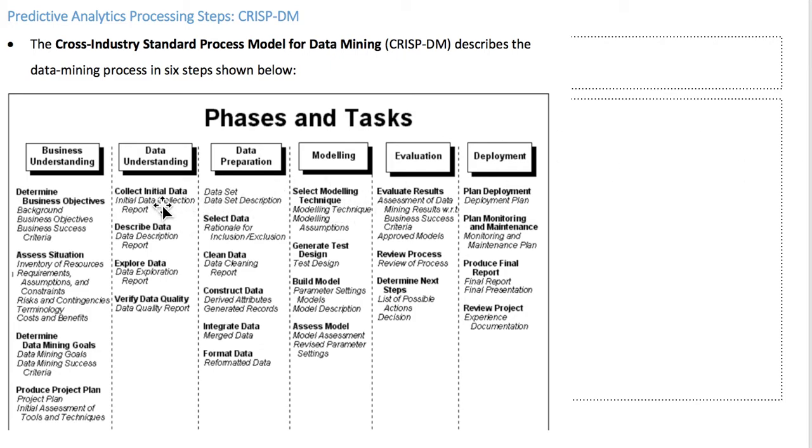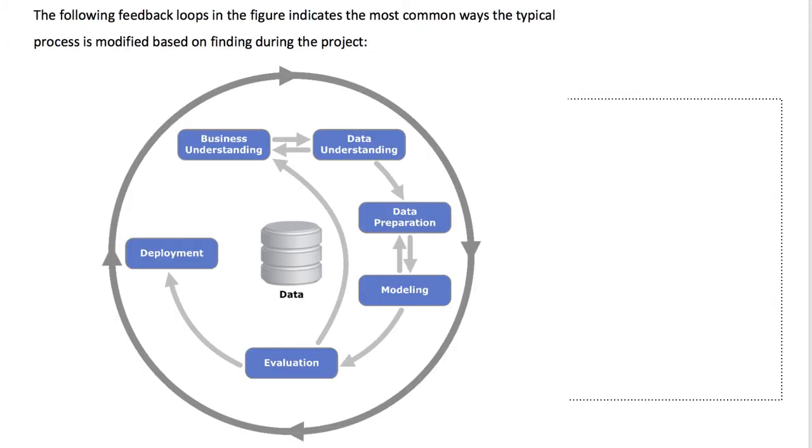For data understanding, at the core of this stage is using summary statistics and data visualization to gain insights into what data you have available for modeling. The feedback loops in this figure indicate the most common ways the process is modified based on findings during the project.